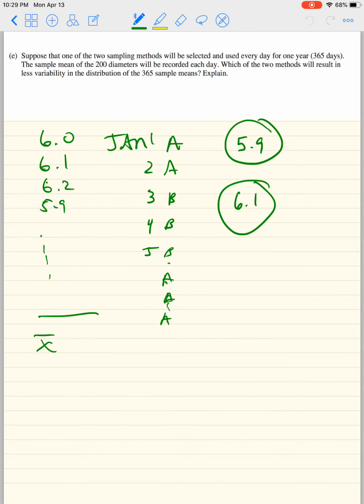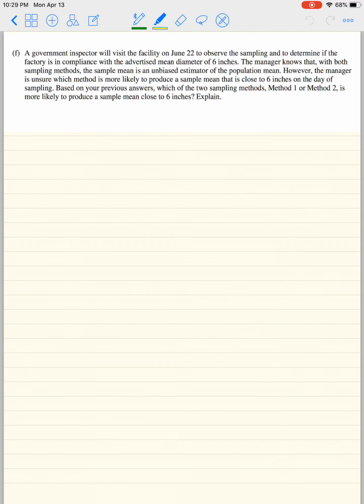So that's why, in this case, method 1 will result in less variability. Okay, I hope that makes sense. Method 2, some days you'll get 5.9, some days you get 6.1. All right, and the final part, F.